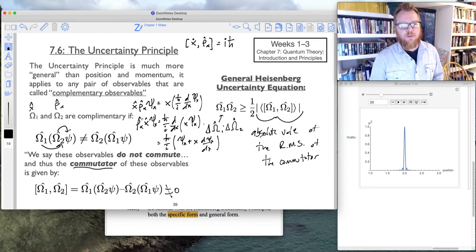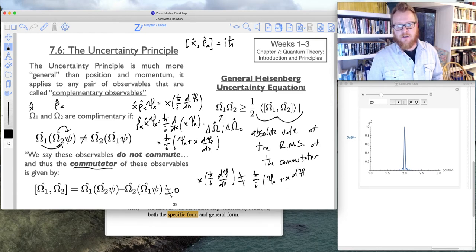The result of x p x psi x was x h bar over i and first derivative of psi. So we can see quite clearly how that does not equal changing the order of operation, h bar over i times the quantity psi x plus x d psi dx, right?